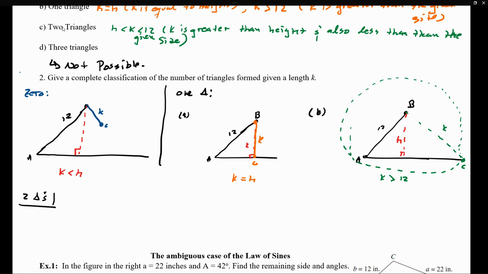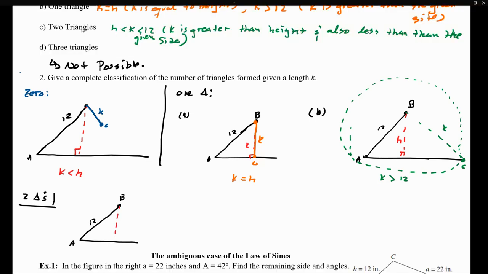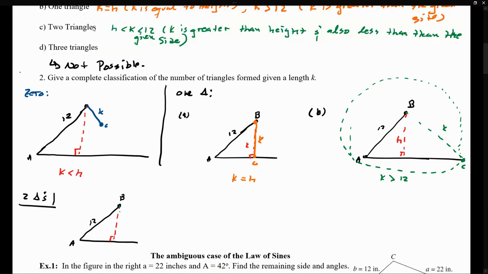We said that there's only one way that we can create two triangles, and that is if we let the third side, k, be less than the given side, which in this case is 12.